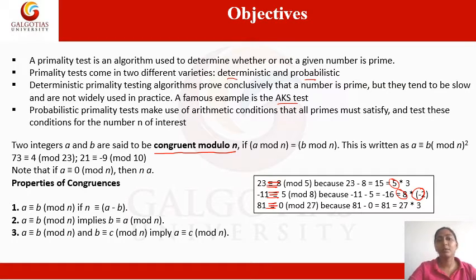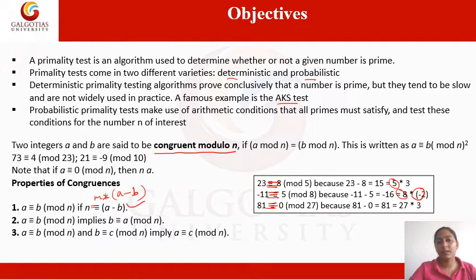So here are some properties of congruency. What are the properties? If we have A congruent to B mod n, then we can say that n divides A minus B. Also, it is some multiple m times A minus B, as we have seen in this example.